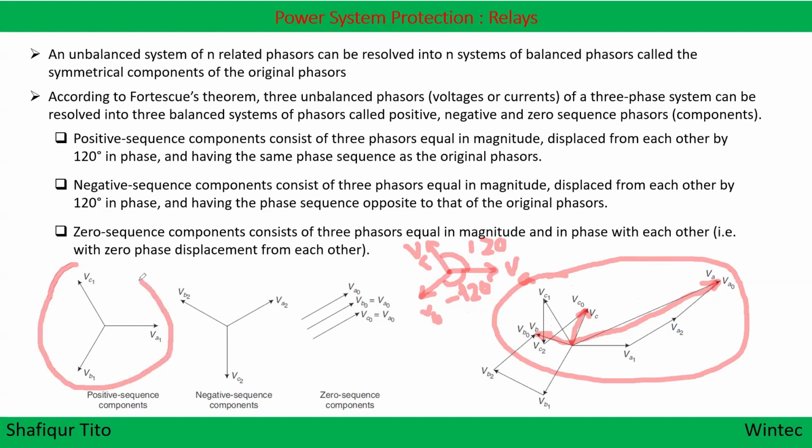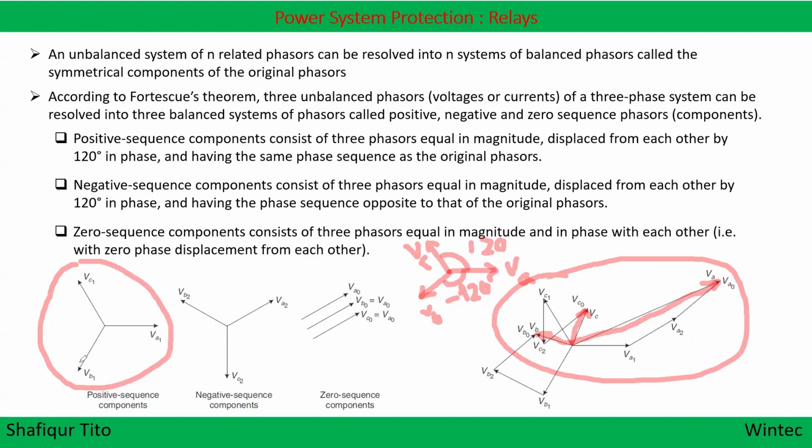One is called the positive sequence component. So I can decompose this system into the positive sequence component, then the negative sequence component, and the zero sequence component. And if I add them together, they will give me this faulty scenario.